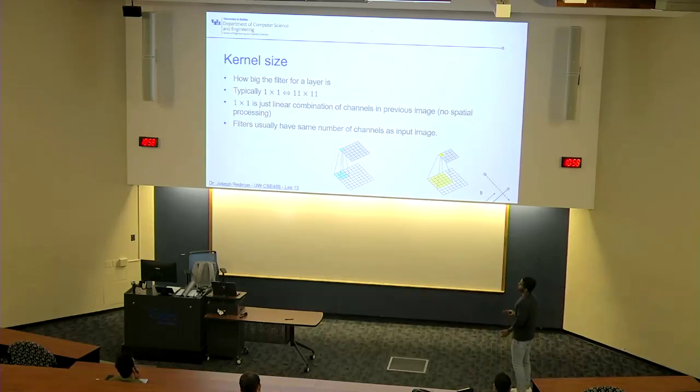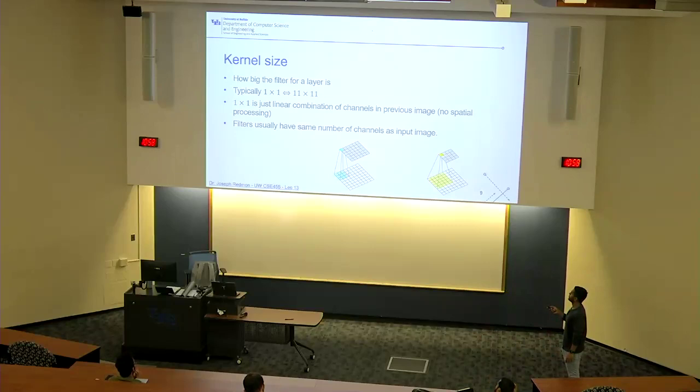The most common one probably is 3 by 3, and then you see the occasional 5 by 5. So for 1 by 1, you're just taking all of the channels in whatever that layer's input is, and combining that without looking at pixel neighborhood in a plane.